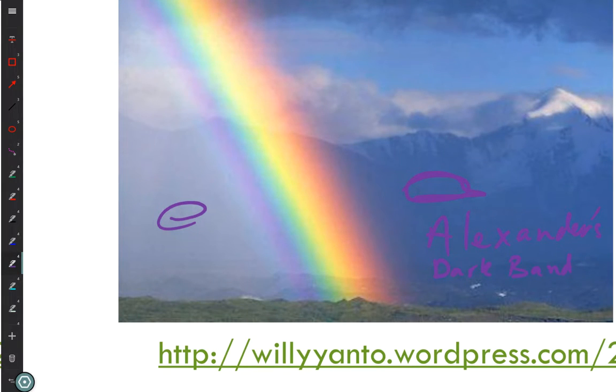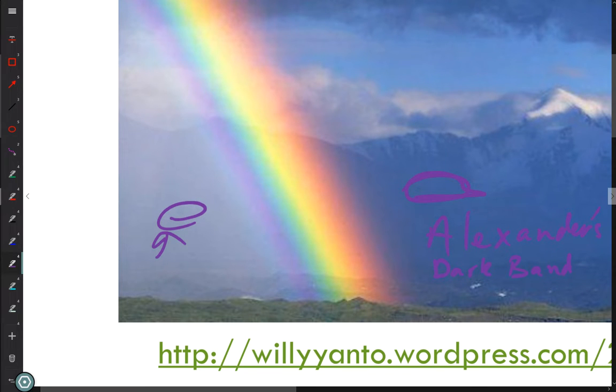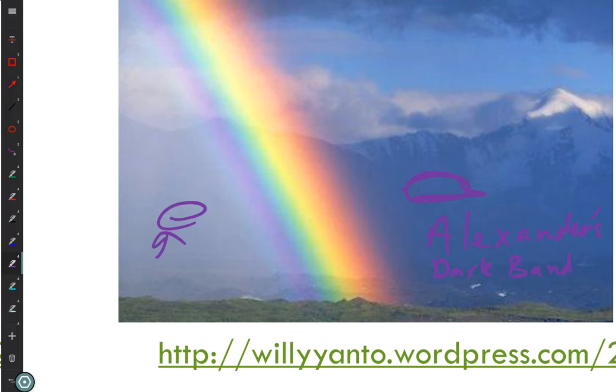What's going on here is, notice you can see the background very clearly in the dark band. That means you're not having light scattered toward you from the clouds. The water droplets aren't scattering toward you. Whereas over here, you have a lot of just white light obscuring the background because you have a lot of light scattered toward you inside of the rainbow.